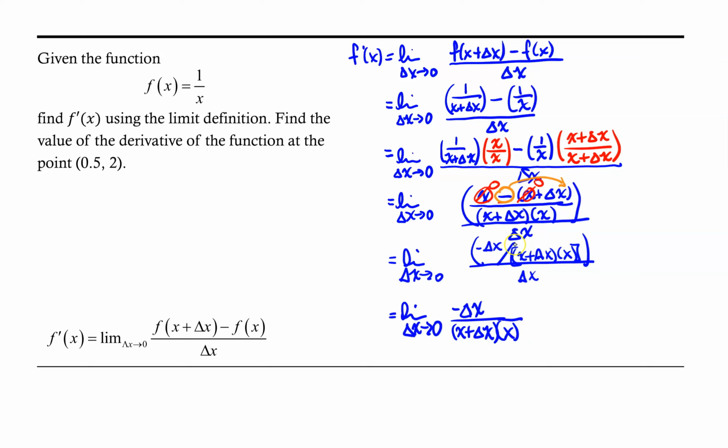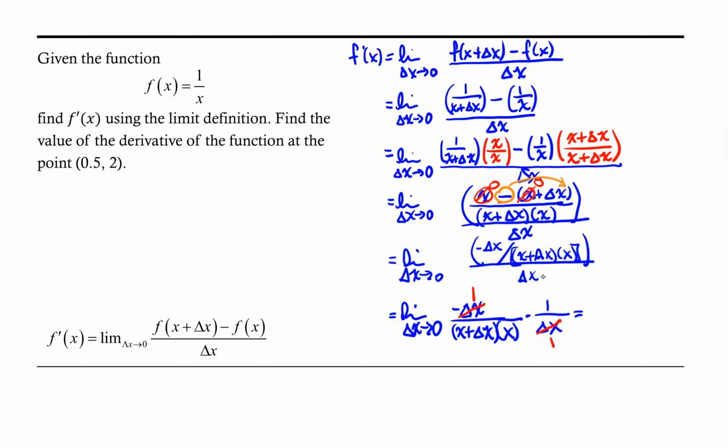That's my numerator. Now we're going to multiply by the reciprocal of the denominator, that's 1 over delta x. And now notice that we've set up a situation where the delta x in the numerator can divide out the delta x in the denominator. And so our issue with being able to find the limit as delta x goes to 0 is now resolved.